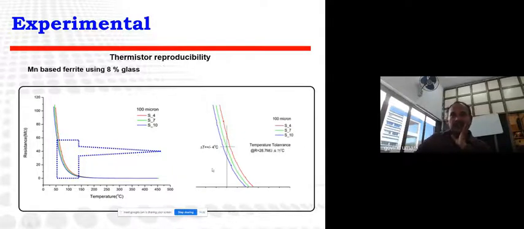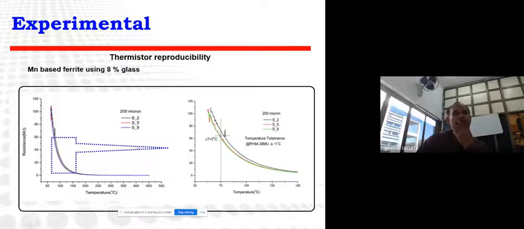This measurement was done at 75 degrees Celsius, and the resistance is 28 mega ohm for the 100 micron line, the 100 micron thermistor. When we went to the 200 micron thermistor, we observed that delta T is 2 degrees, and the resistance at 75 degrees Celsius is 64 mega ohm.